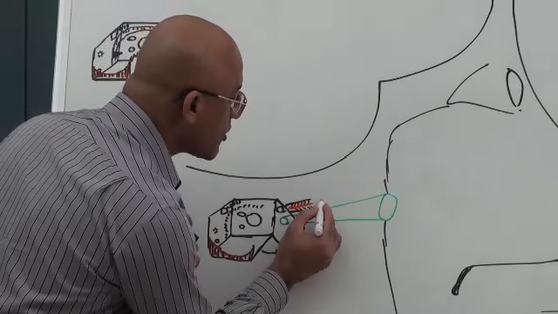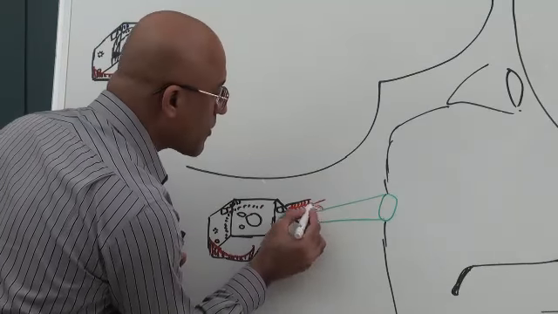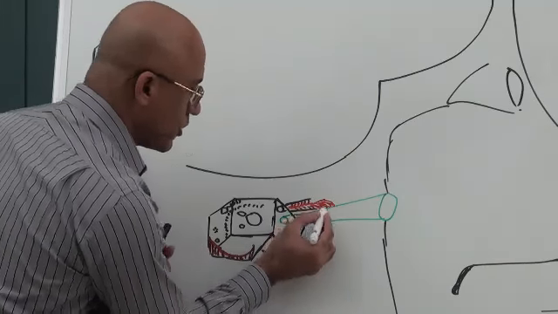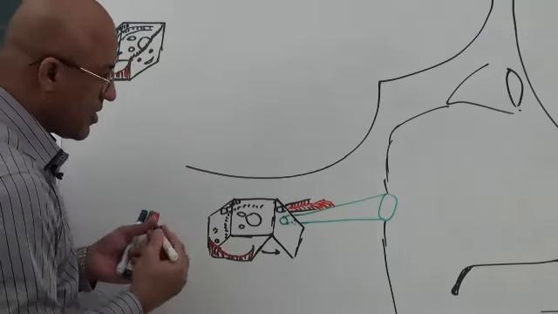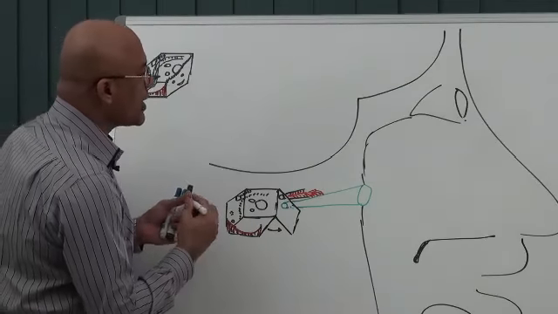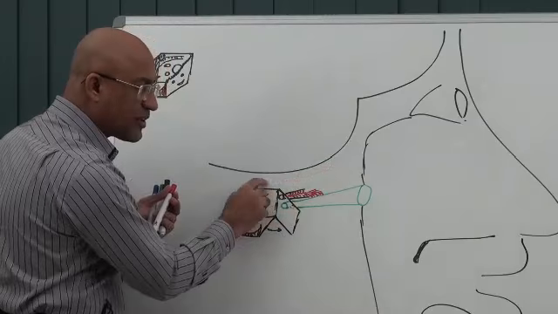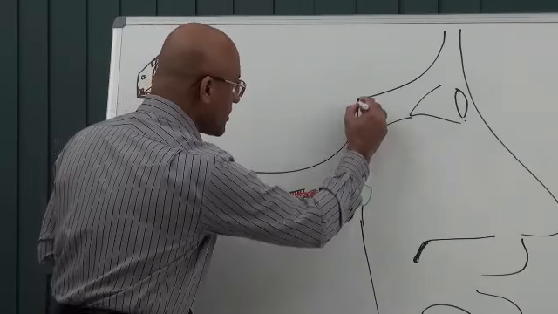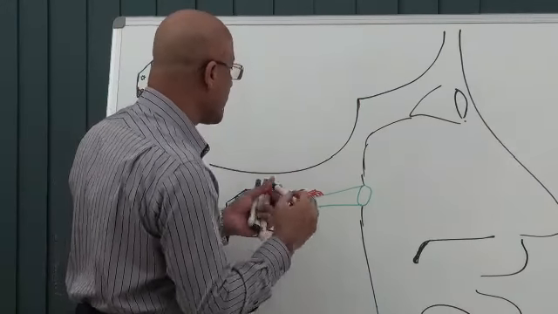And this muscle also takes origin from the cartilage of the Eustachian tube, from its superior surface. And it also takes origin from the under surface of the skull, from the base of the skull. Let me draw the base of skull here.